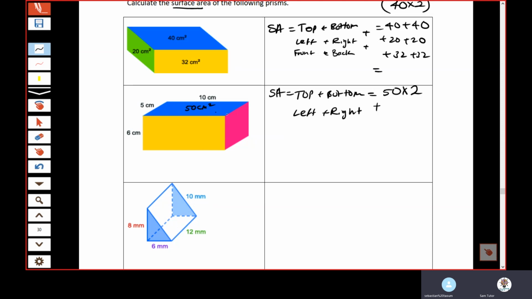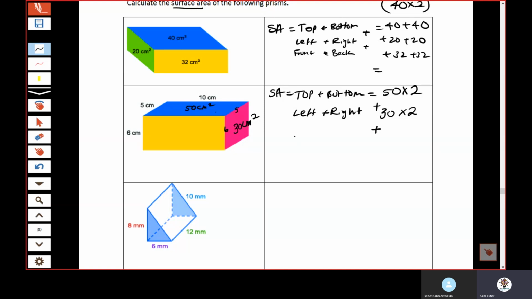That's 6 centimeters. 6 by 5, which gives you 30 centimeters squared. 30 centimeters squared times 2, left and right.